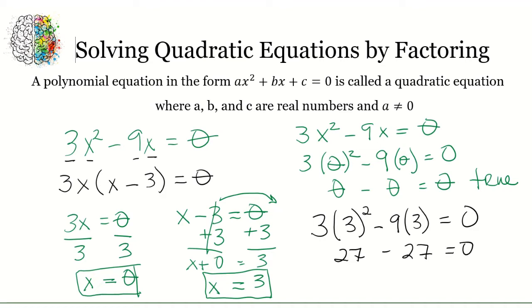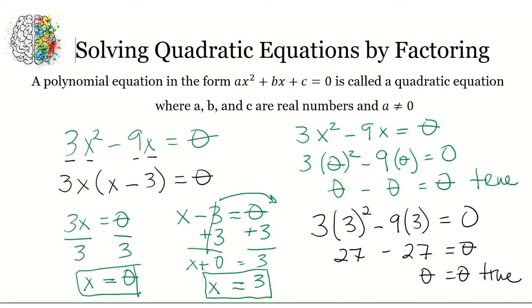Once again, 27 minus 27 is going to equal 0. That's going to give me 0 equals 0, which is also a true statement. So that tells me that indeed x equals 0 and x equals 3 are true answers for my problem.